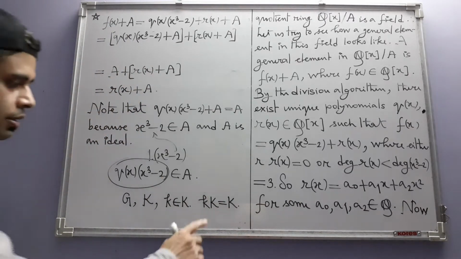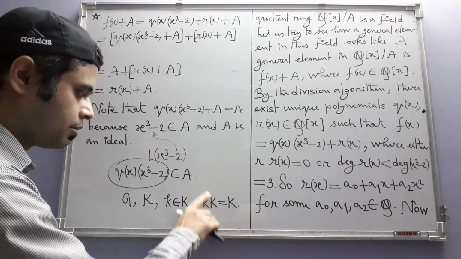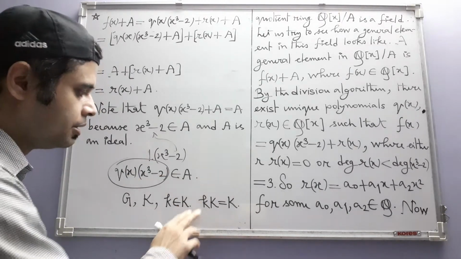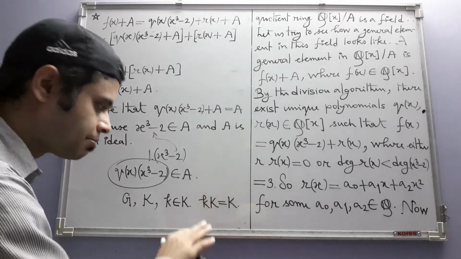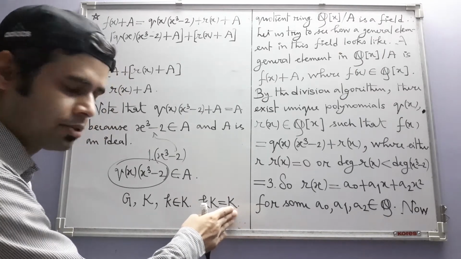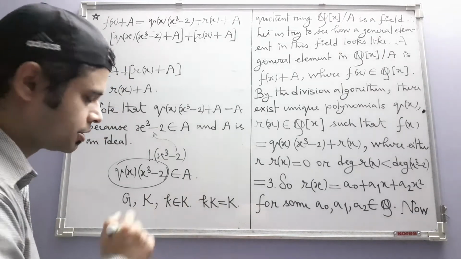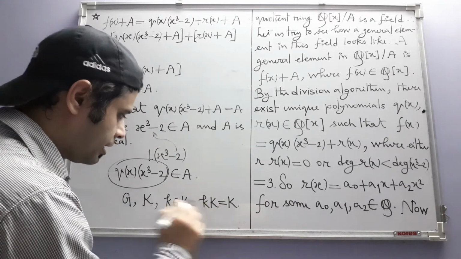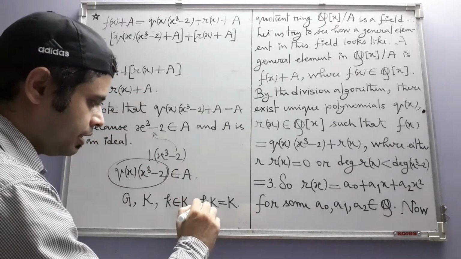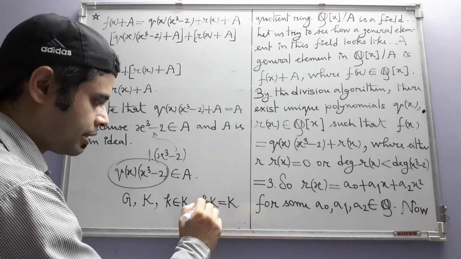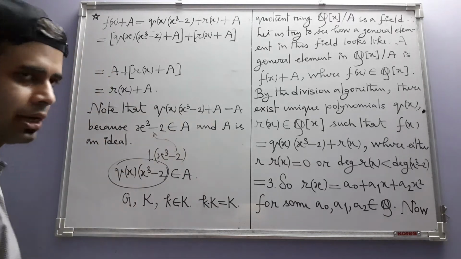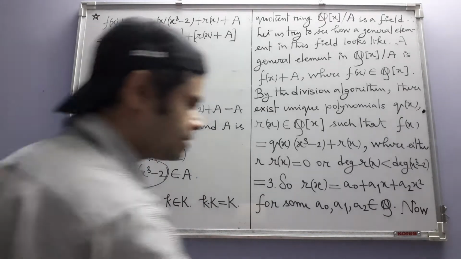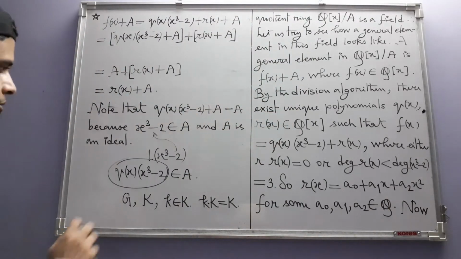That means the coset you are forming by taking one element from the group, if that element comes from the subgroup itself, then you get the subgroup itself. You don't get any new coset. So that's what is happening here. In place of this binary operation that we are not writing here, we have plus. Okay, so that is the reason this is equal to A.